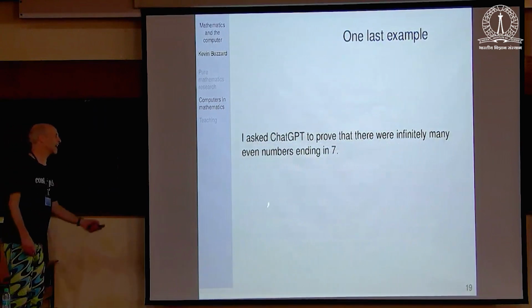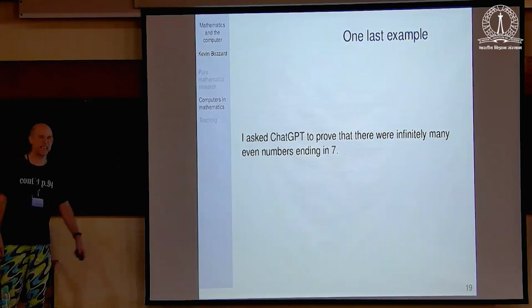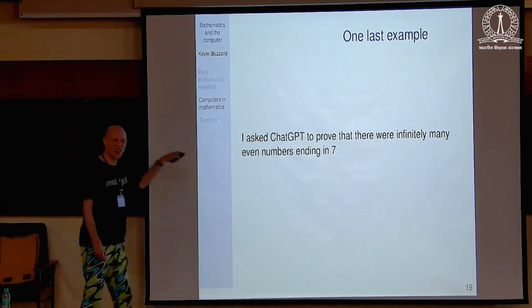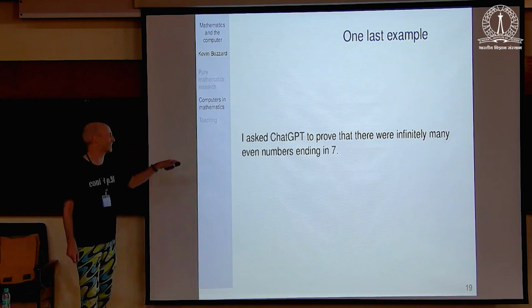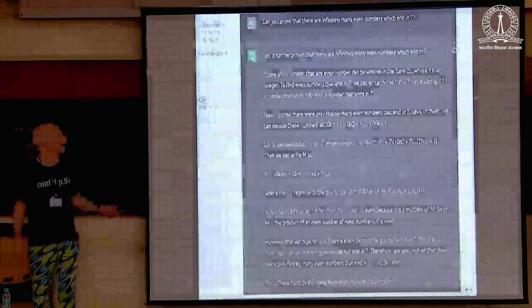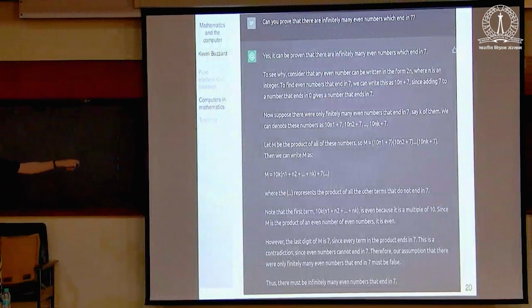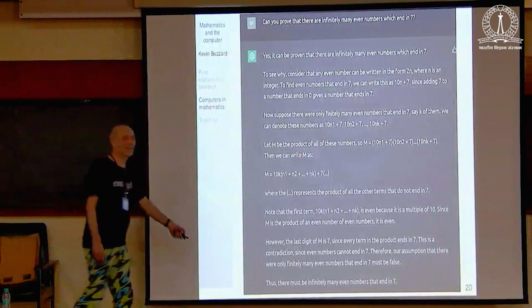So I asked ChatGPT to prove that there were infinitely many even numbers that end in 7, right? That is not actually true, it turns out. But I asked it, can you prove there's infinitely many such numbers? And it does just the same thing. It's exactly the same trick.